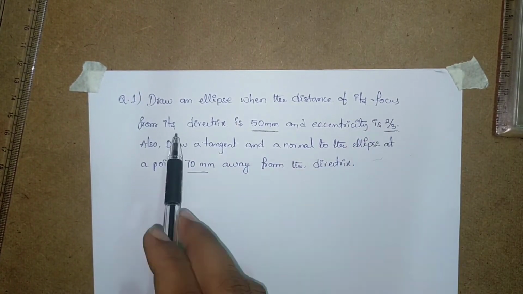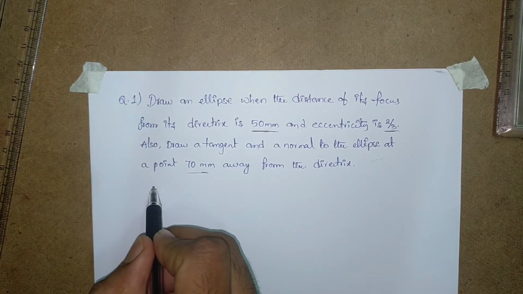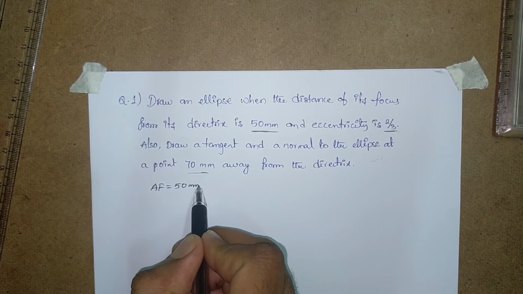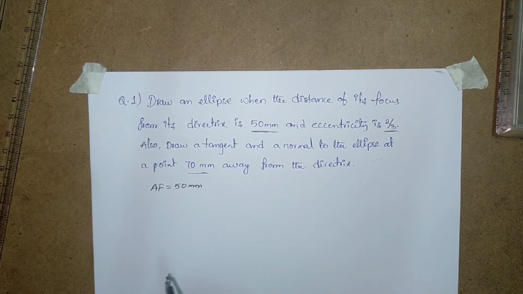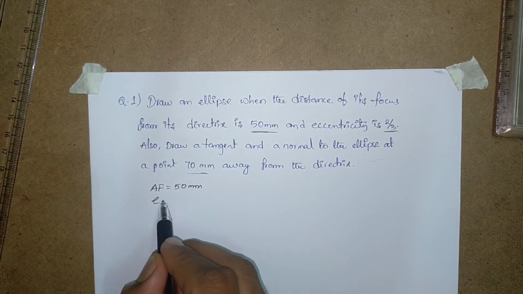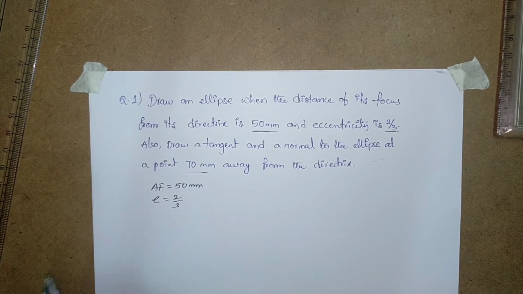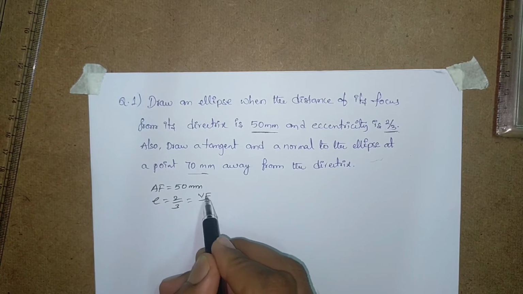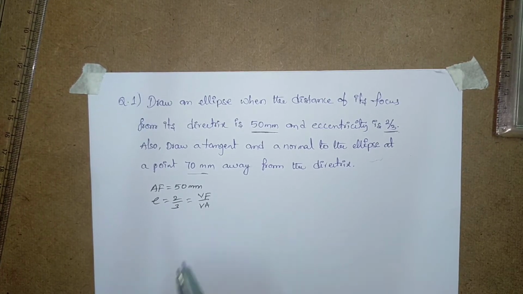Distance of its focus from the directrix is 50 mm, which means AF equals 50 mm, and eccentricity E equals 2 by 3, which means VF by VA.